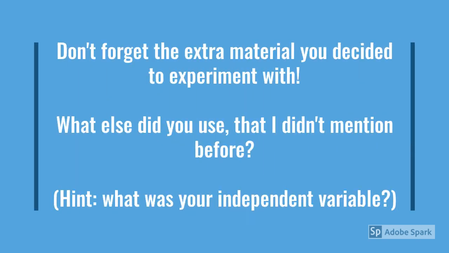Now, here's a clue. Basically, think about that one thing that you've done different from cup 1 and cup 2. What's that extra thing that you did or didn't do, all right, between the two cups? Make sure you put that in the material list, okay? Don't forget that, otherwise you'll lose points.